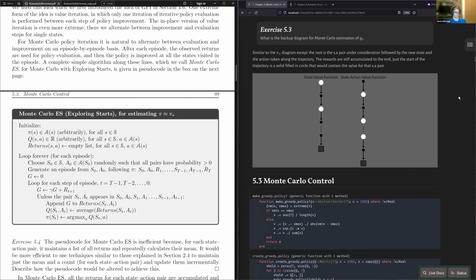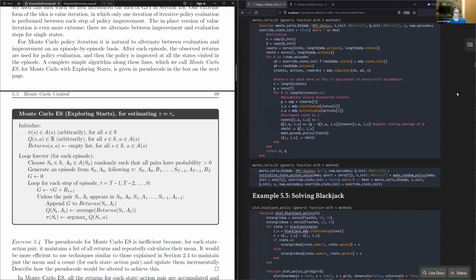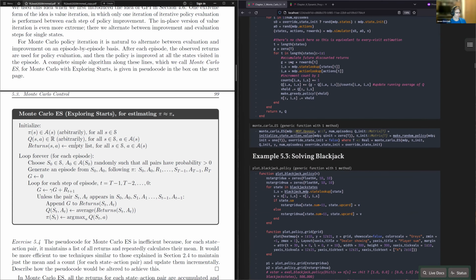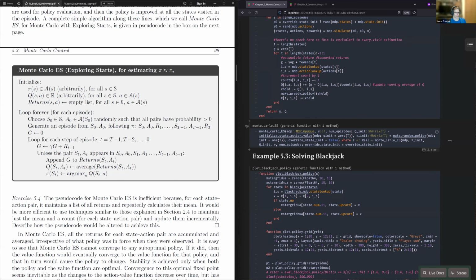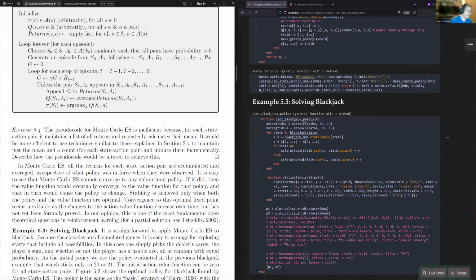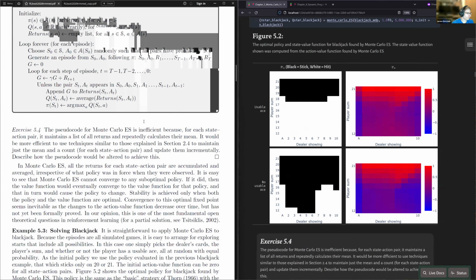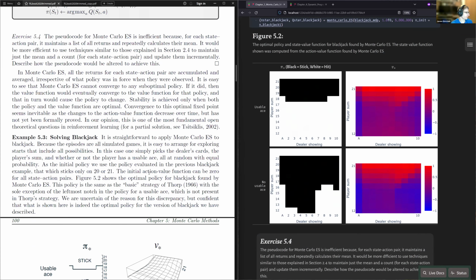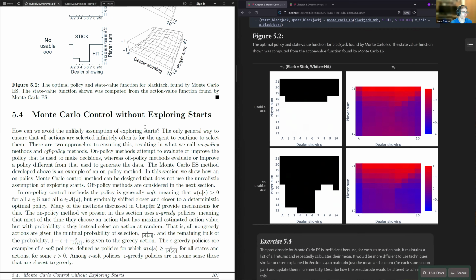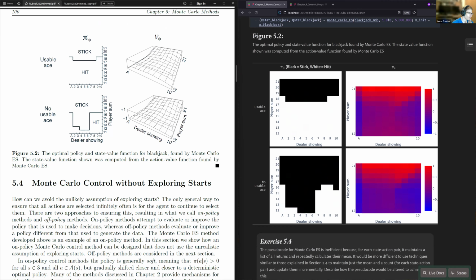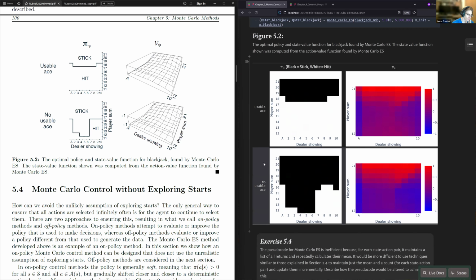So this technique is then used to solve Blackjack. You're supposed to get a policy that looks like this, although depending on how many episodes you run it for, you won't get this exact policy, particularly for the case where you don't have a usable ace.